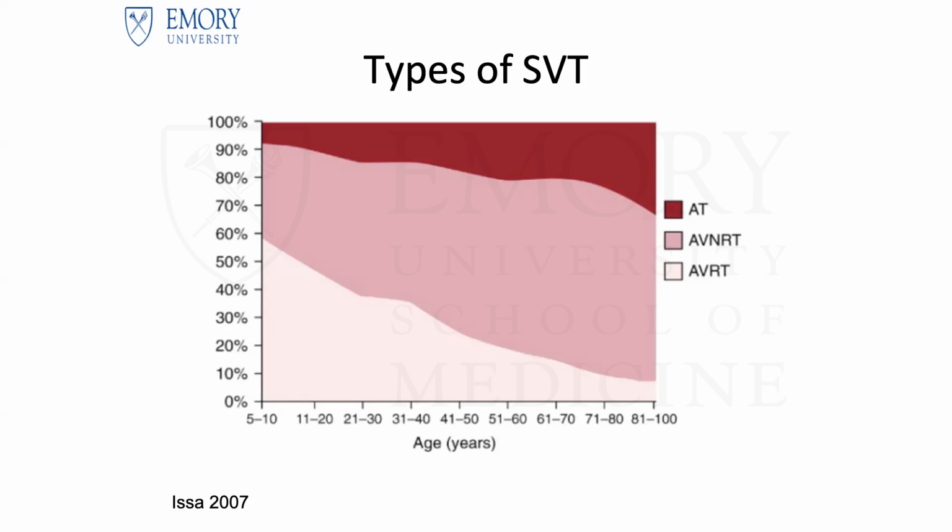AVNRT takes up the bulk of SVT and certainly increases as people age. Atrial tachycardias are the least common, but depending on the substrate and comorbidities in a particular patient, it might be your most likely etiology, and it takes up more as people age.